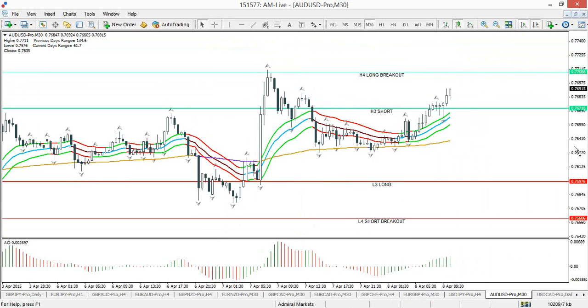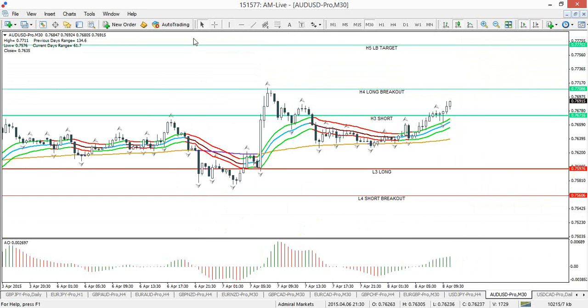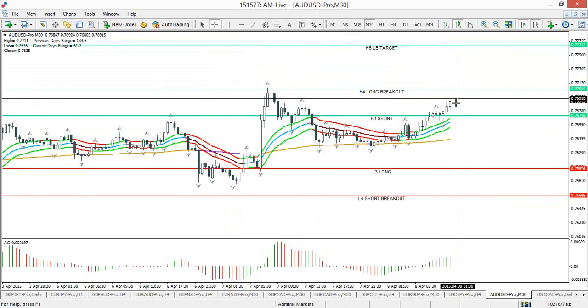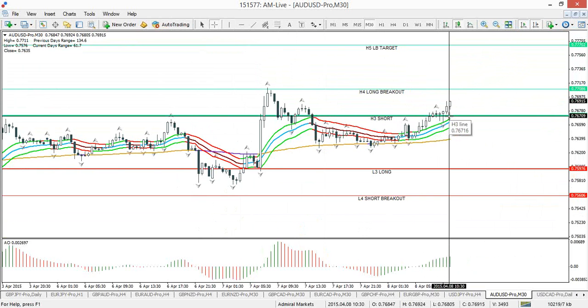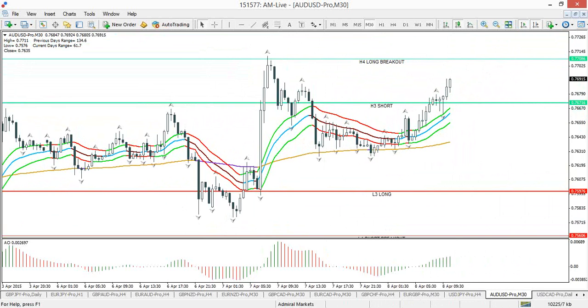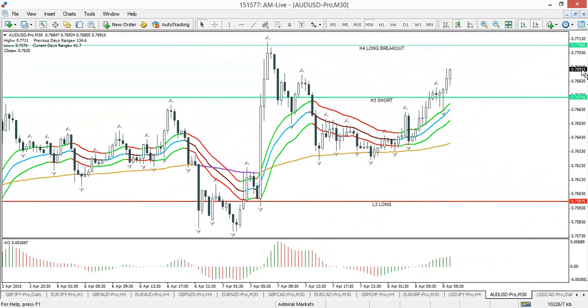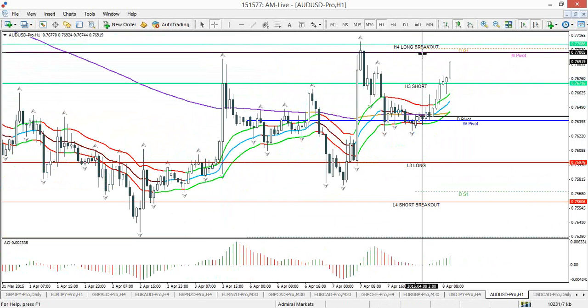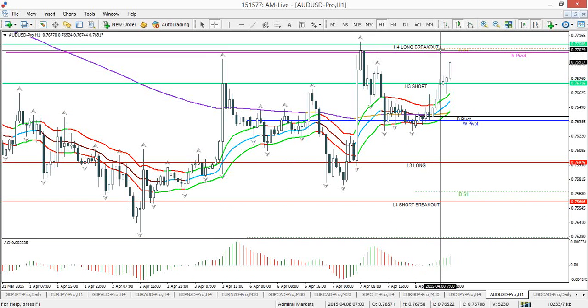The other option would be to aim for the H5. That could be a bit ambitious, though, considering the tight trail stop. Probably would be on the difficult side to get that. Probably one-to-one is the best option here.